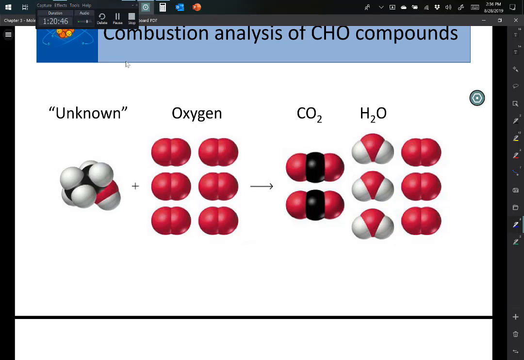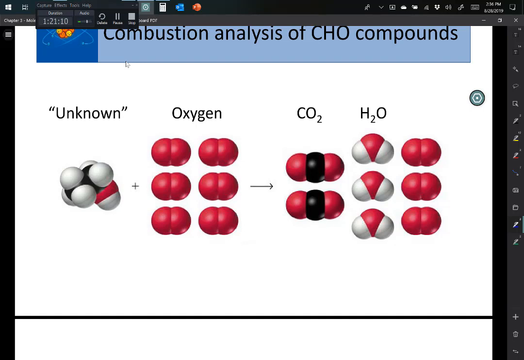So 2 moles of carbon dioxide for every mole of unknown in this case. For the hydrogens, these go into the waters. There are actually 6 hydrogens on this compound. For every molecule, I'll get 3 water molecules.